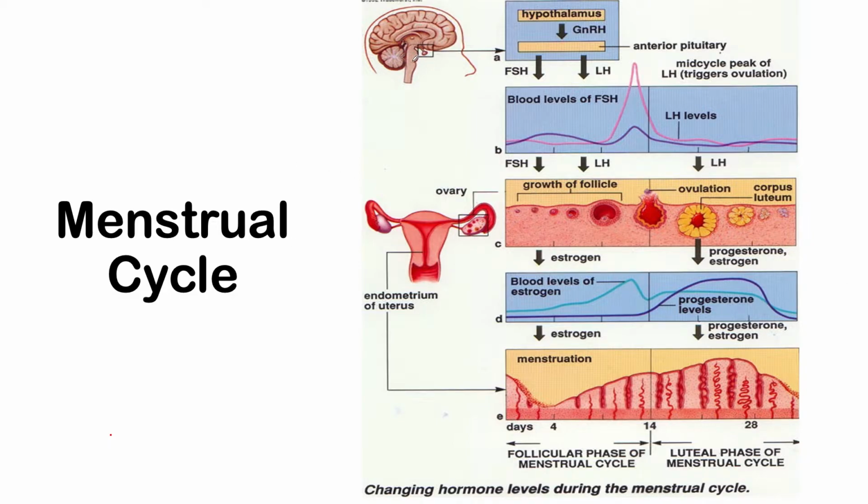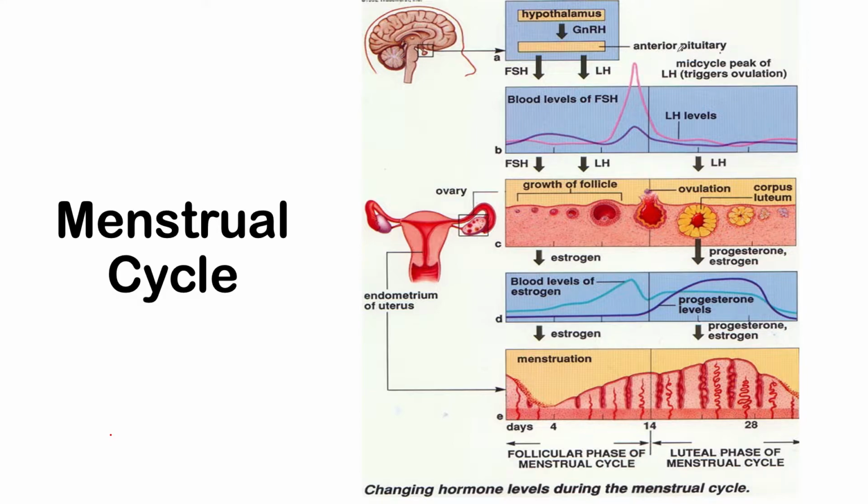The menstrual cycle is also highly influenced by the hormones that are being produced in a female's body. It starts in the hypothalamus, wherein it releases what we call GnRH, or gonadotrophin releasing hormone. The gonadotrophin releasing hormone is released to the anterior pituitary.